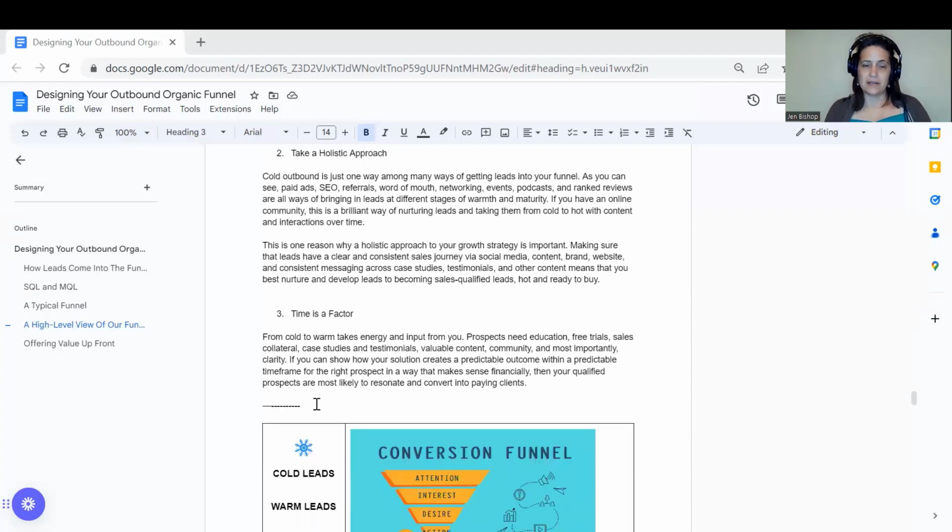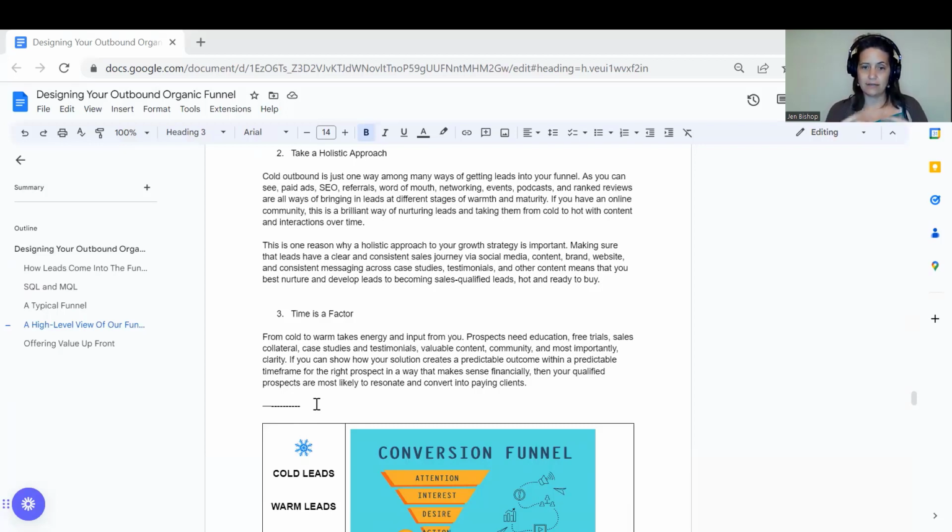The third point is that time is a factor. So from cold to warm to hot requires energy and input from you and from us. The prospect just needs it. They need education. They need a free trial to taste it and feel it. They need sales content in the form of maybe a sales letter or a sales webinar. They need case studies. They need testimonials.